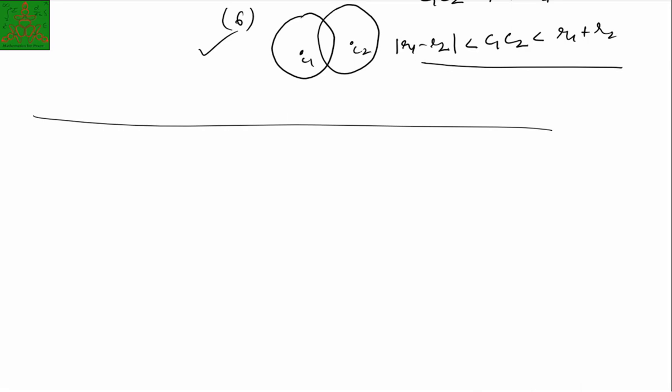So what we have learned here is that the equation of the circle can be represented as the intersection between a sphere and a plane, and also the intersection between two spheres. Further, you also study that the equation of the circle can be represented as the intersection between a cylinder and a plane, a cone and a plane, and lots of other objects.